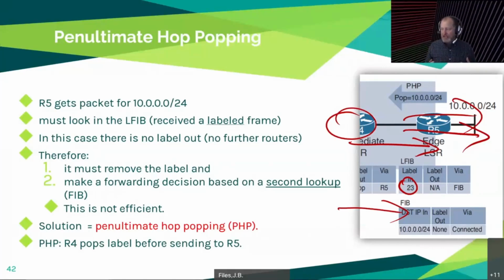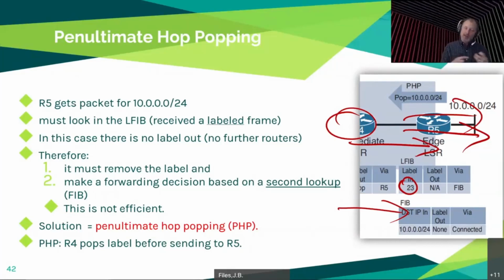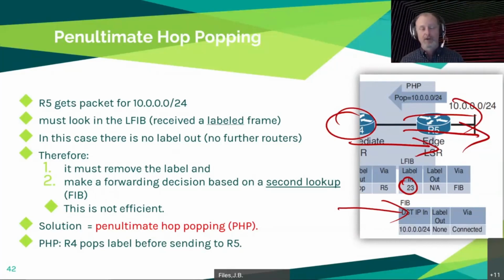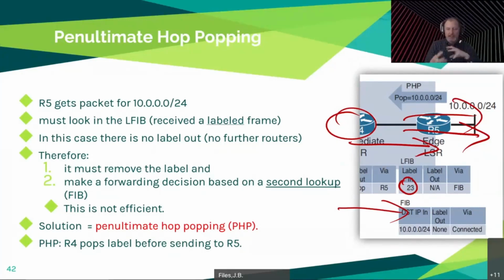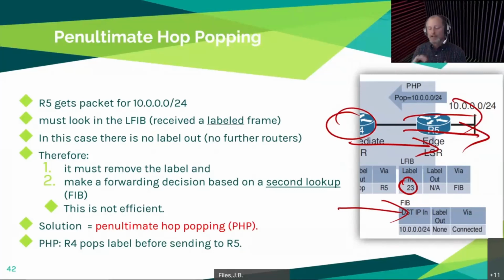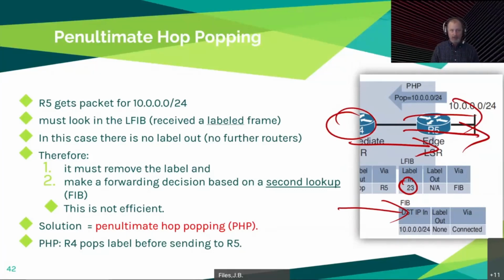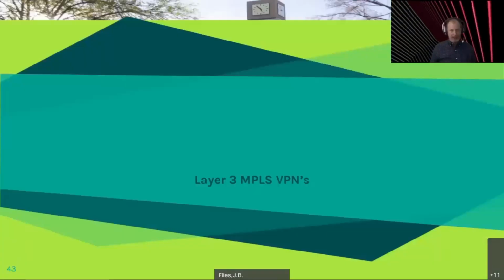Now that we have a rough understanding of MPLS, let's combine that with the whole VRF, right? Virtual routing and forwarding, where we're separating the different routing domains and then having MPLS work with that. We saw how that worked with EIGRP. Now let's see how that works with MPLS.